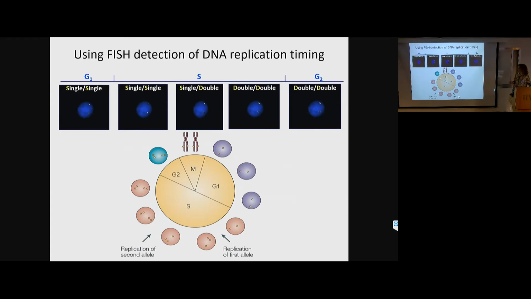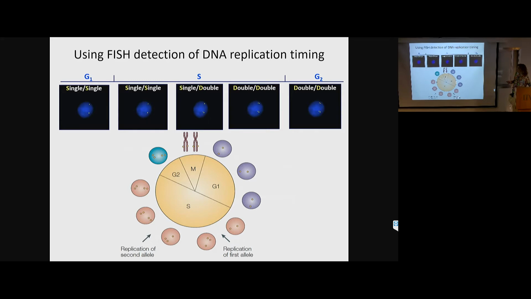So at the beginning of the cell cycle, at G1, we have two single dots, which means the two alleles have not replicated yet. At the end, at G2, we have two double dots. Both alleles have replicated already. And in S, we have single, single, double, double, but we also have this population of single, double.